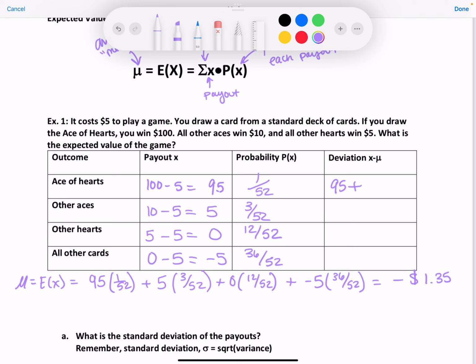So plus 1.35, then 5 plus 1.35, 0 plus 1.35, and then negative 5 plus 1.35.